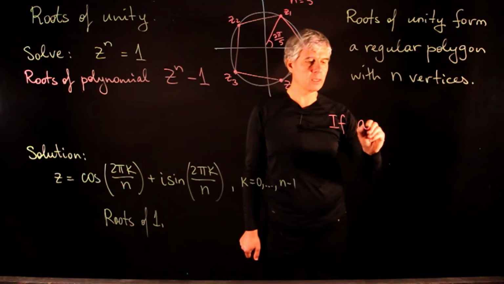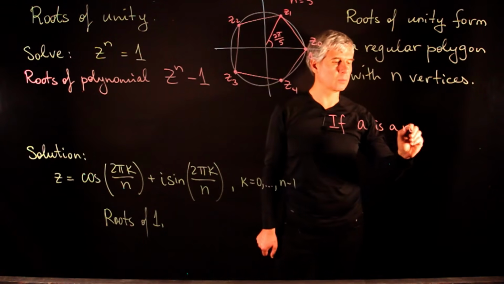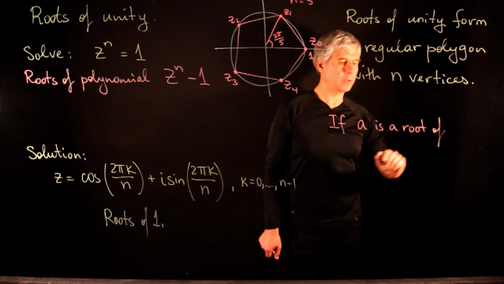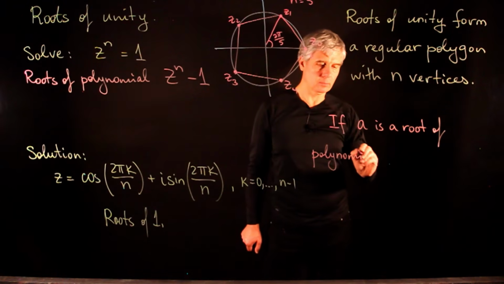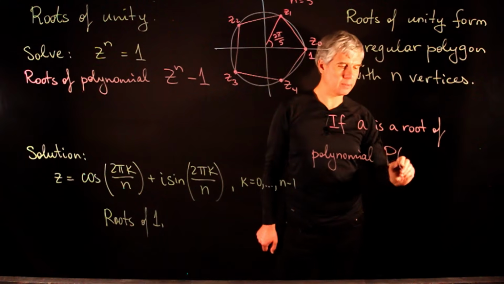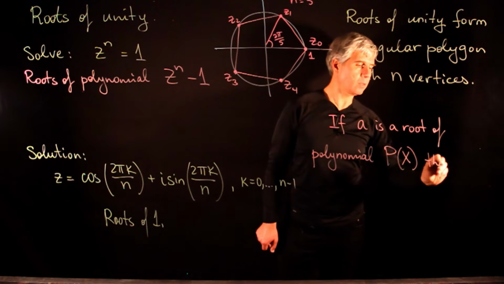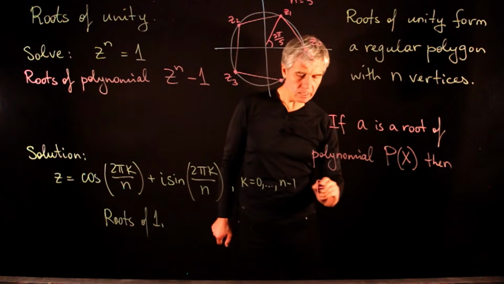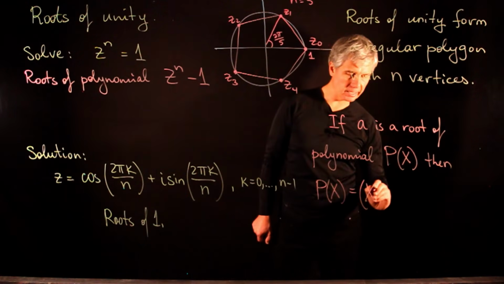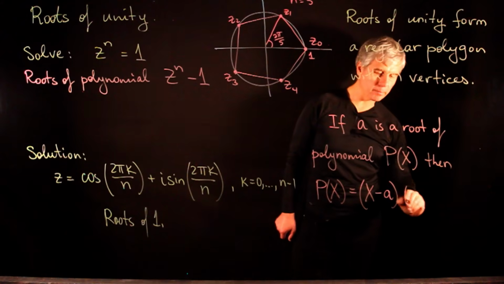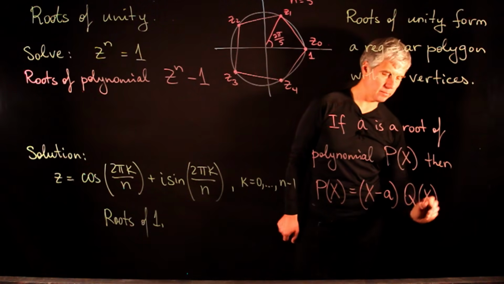If a is a root of a polynomial p of x, then we can write p of x as a factor x minus a times some polynomial q of x.